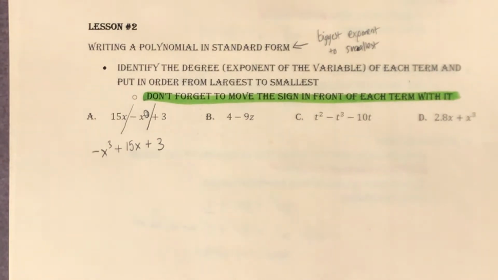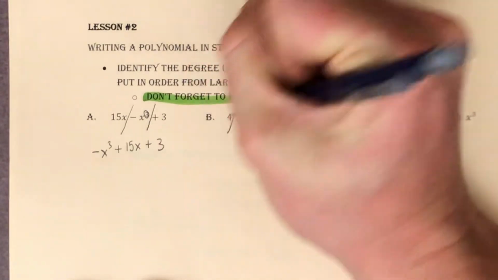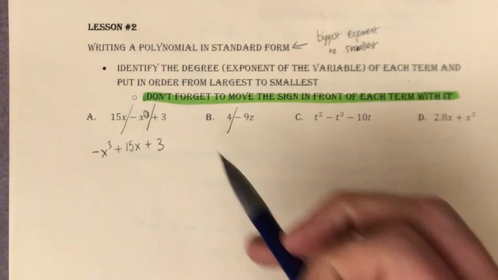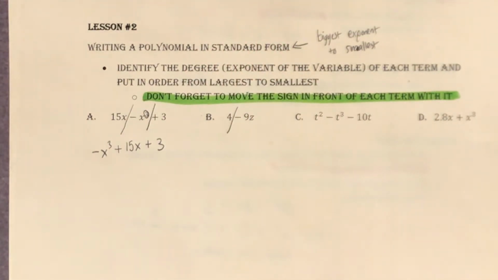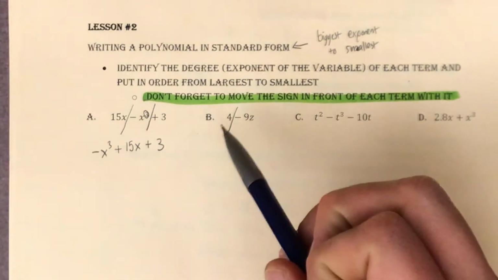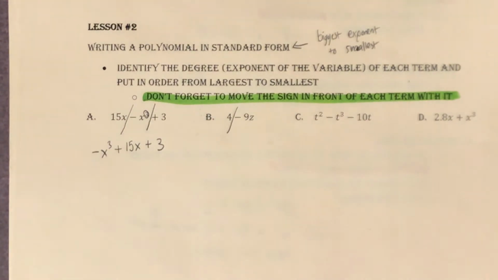All right, well, let's take a look at another example here. Let's try example B. So example B says 4 minus 9z. So first step, go in and divide up your terms. So I see a minus sign right here, and I only have two terms. My first term is 4, and my second term is negative 9z. Well, I notice that 4 is a constant, so I know that's my last term.